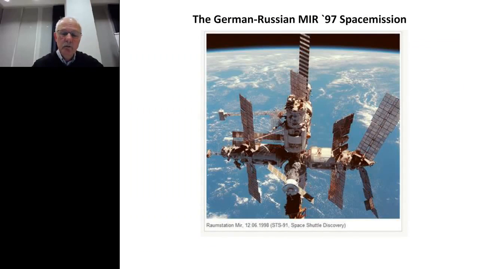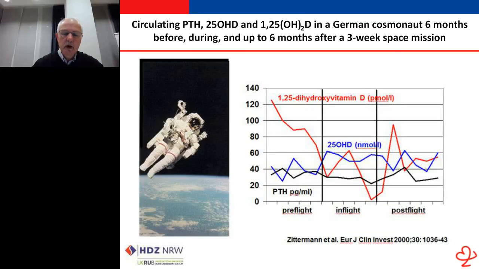And approximately 20 years ago, I had the opportunity to do a study during the German-Russian space mission in a German cosmonaut. What we did was measure the PTH, the 25 hydroxyvitamin D, and also the 1,25 dihydroxyvitamin D pre-flight, in-flight, and post-flight. And what you can see here is that 25 hydroxyvitamin D and also the PTH remained fairly constant during this time.